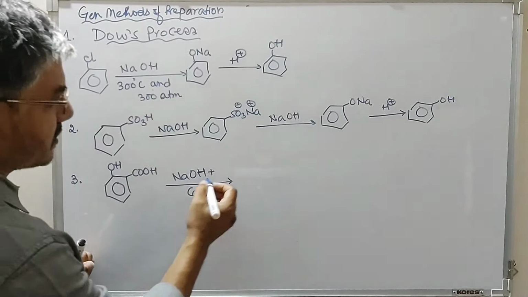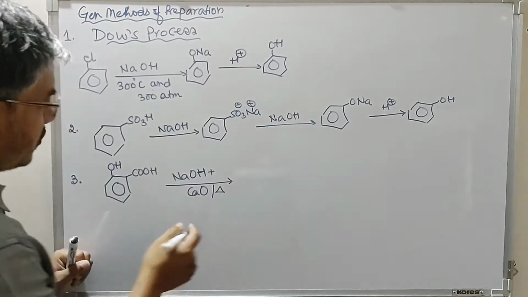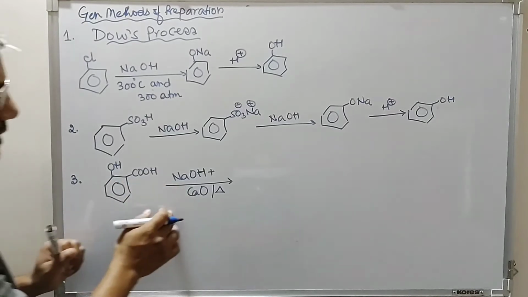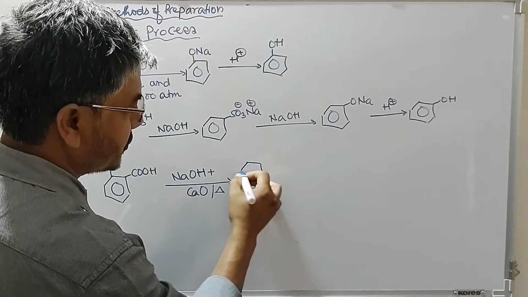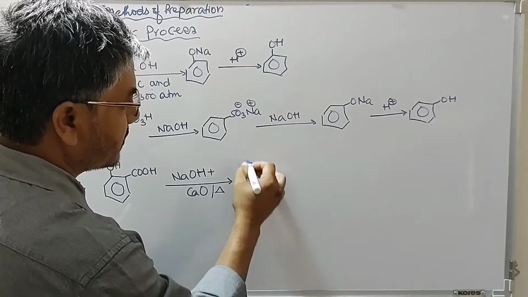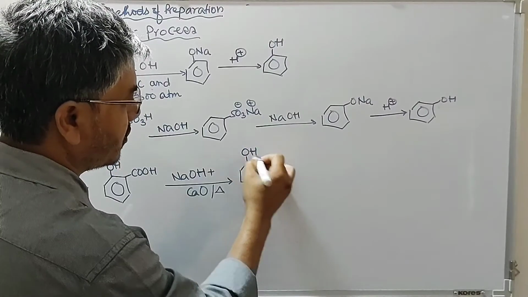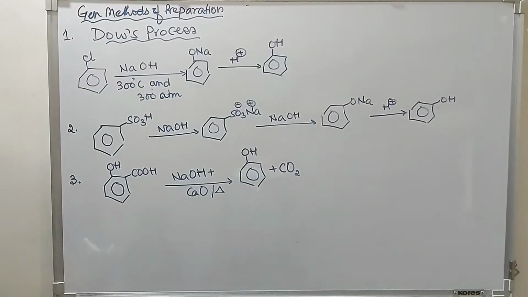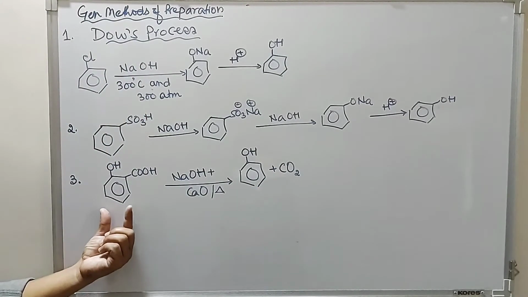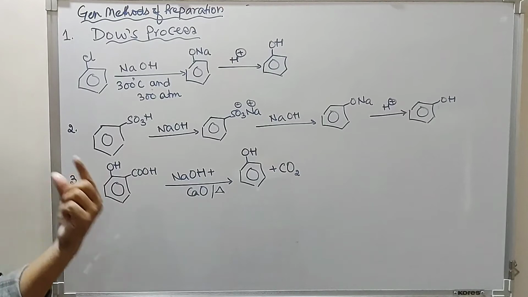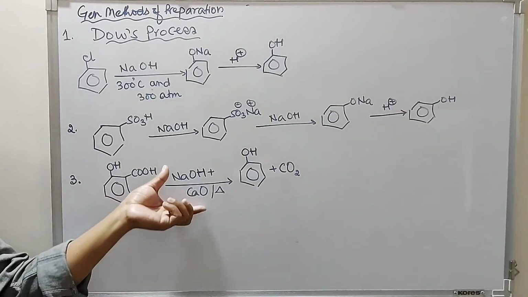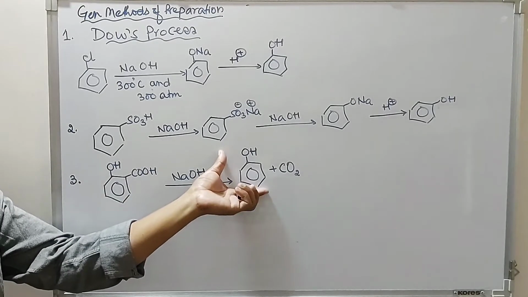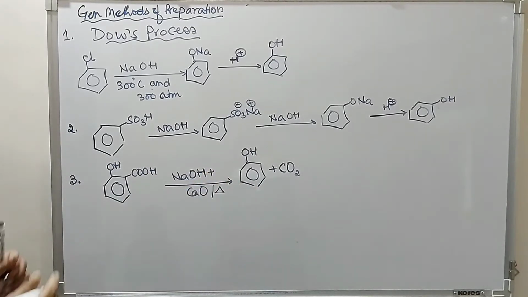So heating of this compound with soda lime undergoes decarboxylation, when this gives you phenol. So we have this ortho-salicylic acid. Ortho-salicylic acid on heating with soda lime undergoes decarboxylation to give you phenols.